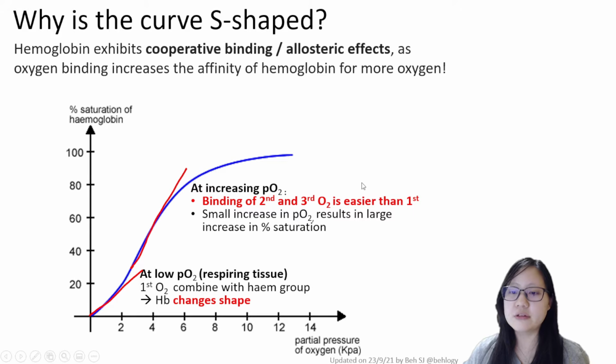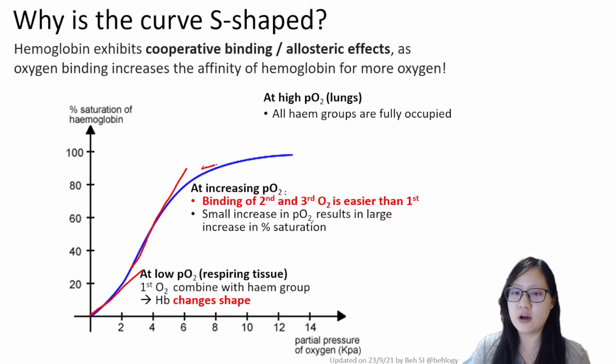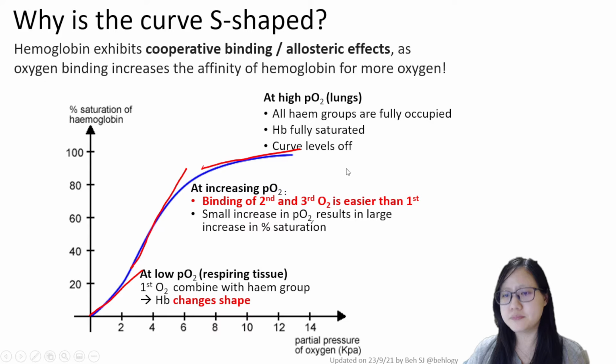Now, how about the fourth molecule of oxygen? Why does the graph seem to level off? Now, this is because all heme groups are fully occupied, and it's kind of hard for the fourth one to bind, and therefore the gradient of the curve kind of becomes less steep again.